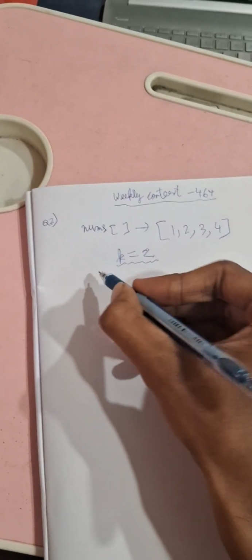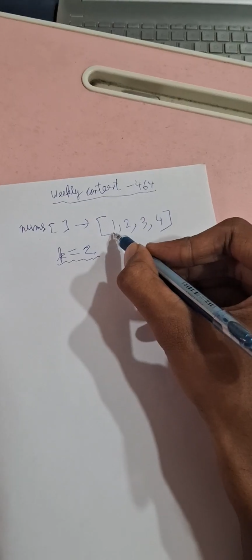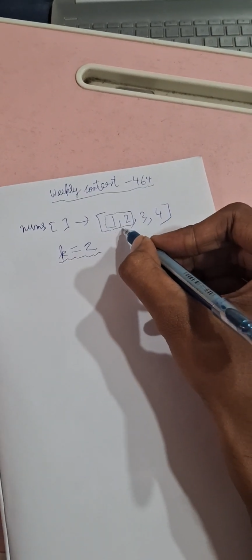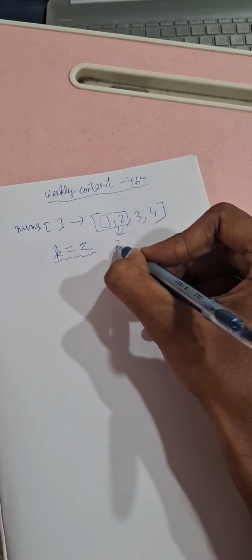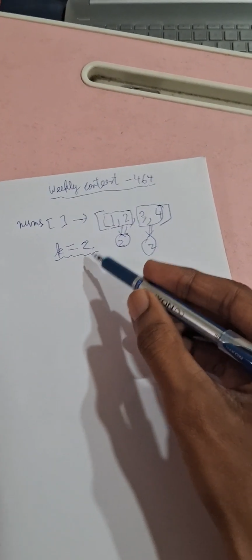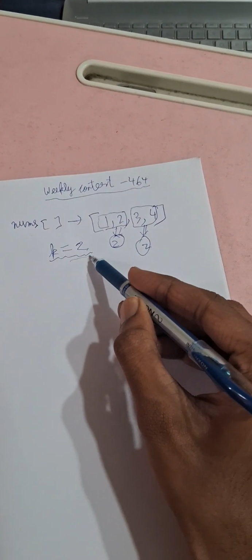For example, let me group 1 and 2. There are 2 distinct elements. Again, let me group 3 and 4. How many distinct elements do you find? 2. So like that, you need to group them such that you will have k distinct elements everywhere.